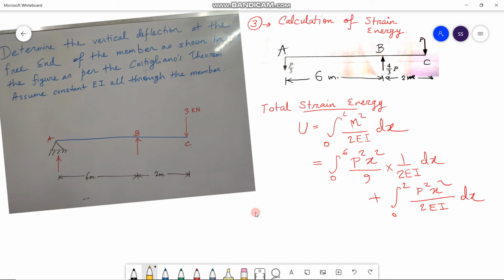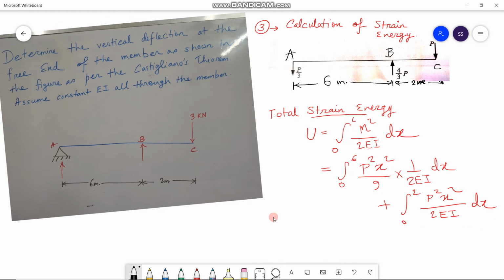Here, before proceeding for further calculation, let me remind you one thing: this particular region of calculation deals with the total strain energy for the portion AB, this portion of calculation deals with the total strain energy for the portion BC, and this total summation deals with the total strain energy for the entire member, that means for the member AC.